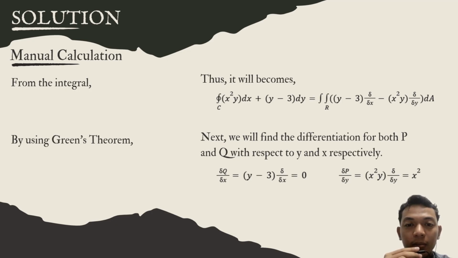So, we will get the double integral of del over del x of y minus 3, minus del over del y of x squared y, dA. Next, we will find the differentiation of P and Q with respect to y and x respectively. When we differentiate Q with respect to x, we will get 0. And then, when we differentiate P with respect to y, we will get x squared.